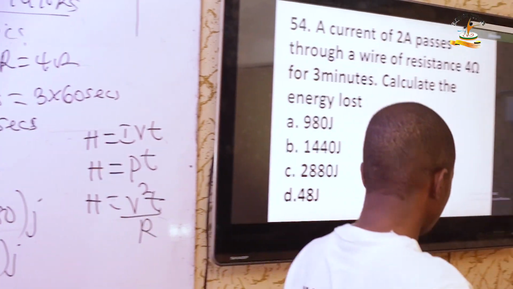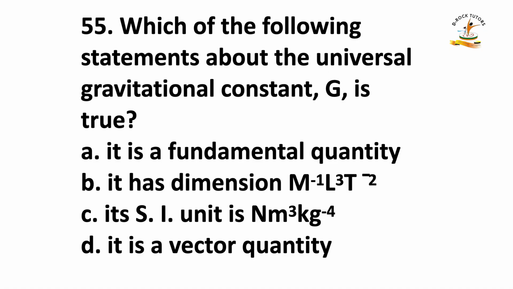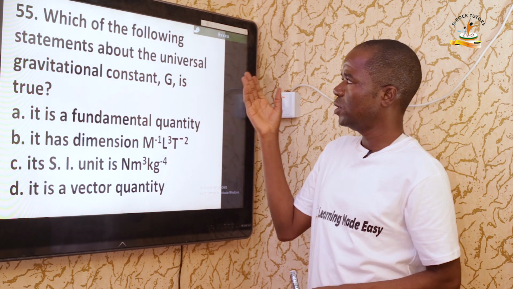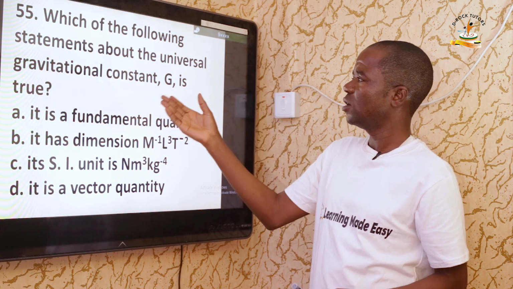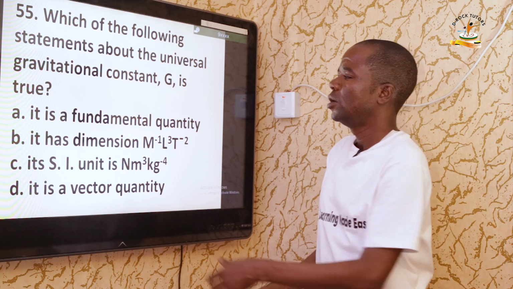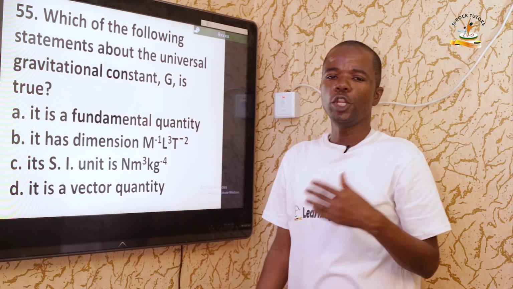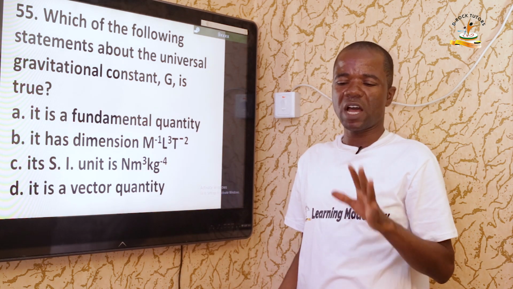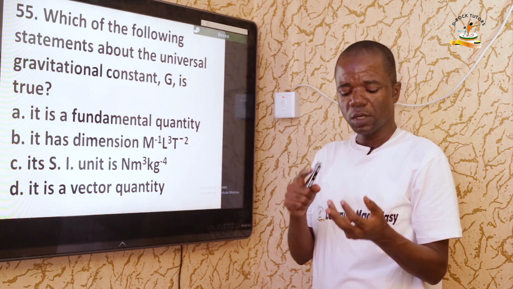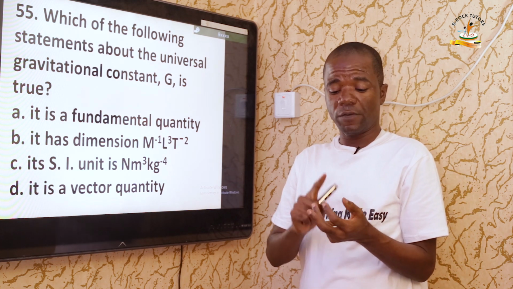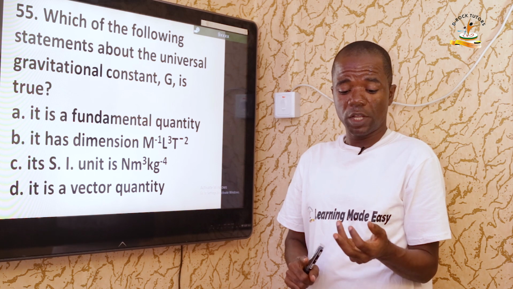Let's go to the next question, number 55. Which of the following statements about the universal gravitational constant G is true? It is a fundamental quantity. We know it is not a fundamental quantity. We have 7 fundamental quantities. We have the length, measured in meters.